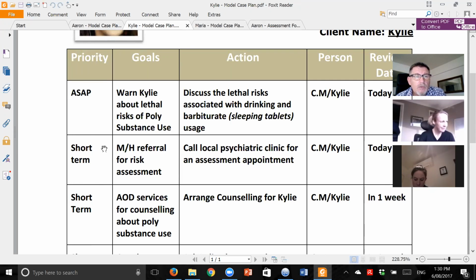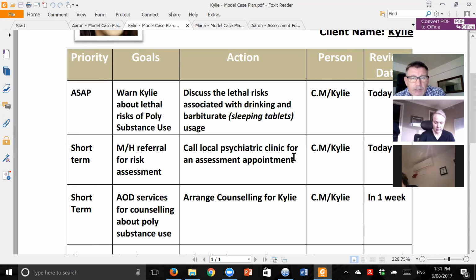So we've got short-term, long-term mental health. We are aware that Kylie is at risk. We do want her to get an assessment appointment today. We don't have any information that Kylie has suicide ideation. We just have information that she has said she's feeling very depressed and has lots of anxiety and things like that.